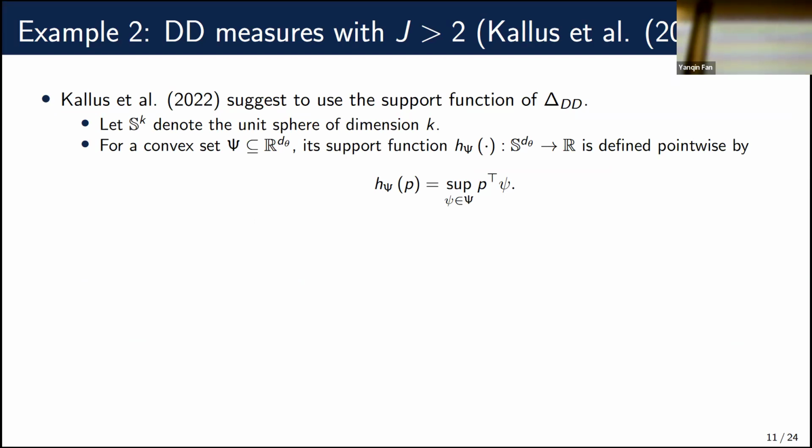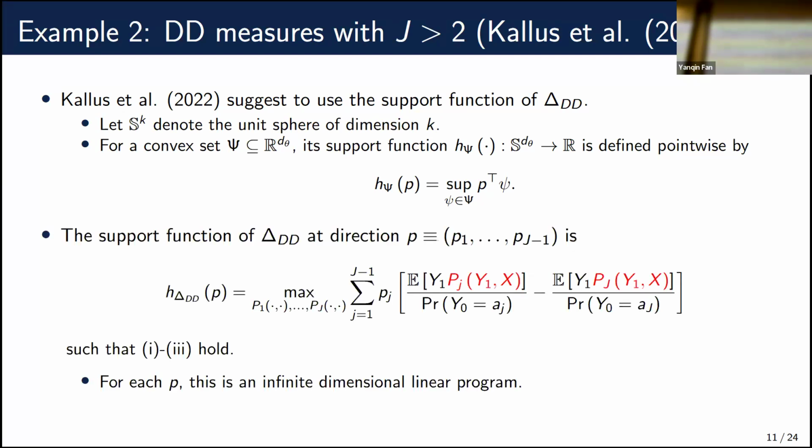But when it gets to the general case, with more than two protected classes, things become sort of ugly. So what Kallus et al. suggest is to characterize this set, because it is a convex set, using its support function. Then we know there's the unit sphere, and that's the definition of the support function. So they wrote down the support function. But if you look at this, it is essentially just the definition of the support function, and these three properties still need to hold.